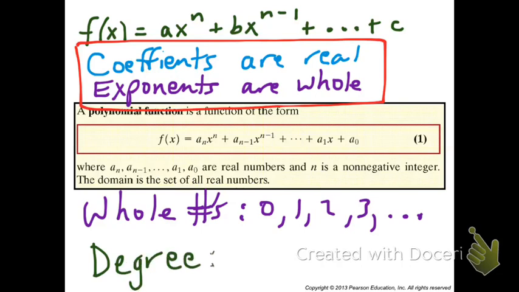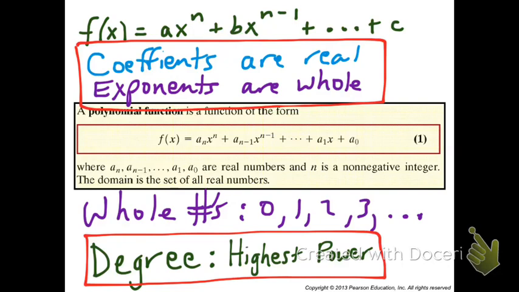Let's write that down: highest power. The most powerful term gets to identify or name the degree of the polynomial. So let's take a look at a couple of these in our next slide.